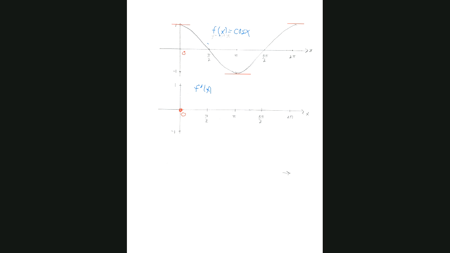Let's see, Nicholas says that the derivative of sine is a cosine, the derivative of cosine is minus sine, and therefore the second derivative of sine is, hold on. All right, one moment.